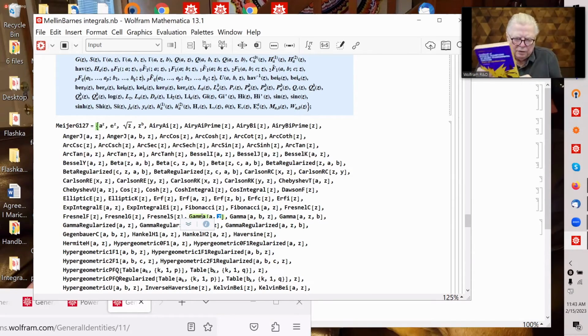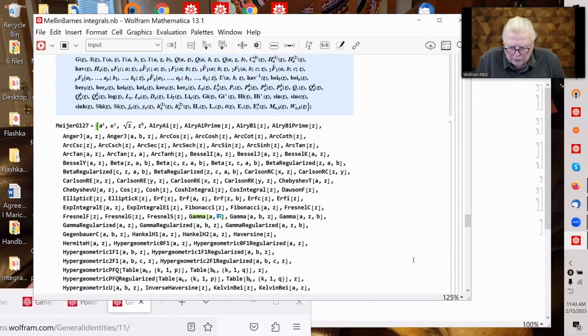And again, in this book, I have about 2,000 only. Later constructions, other constructions I found being in Wolfram Research.